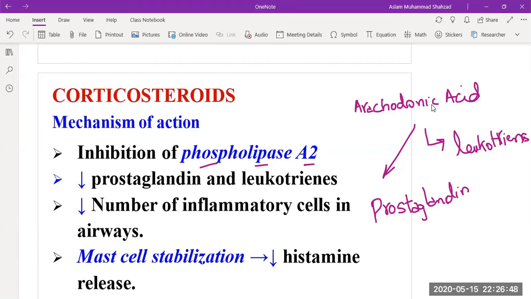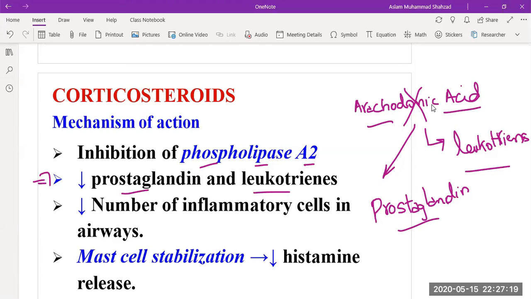So what happens is that by inhibition of phospholipase A2, the production of arachidonic acid stops, and by stopping the production of arachidonic acid, which is abundant in the cell membrane, the synthesis of prostaglandins and leukotrienes decreases, as I mentioned here in this point. So the main task is the decrease of prostaglandins and leukotrienes.